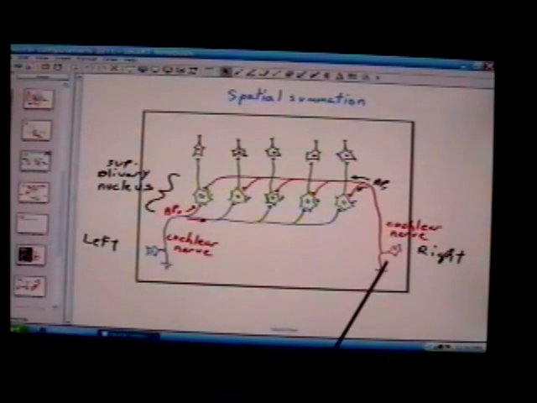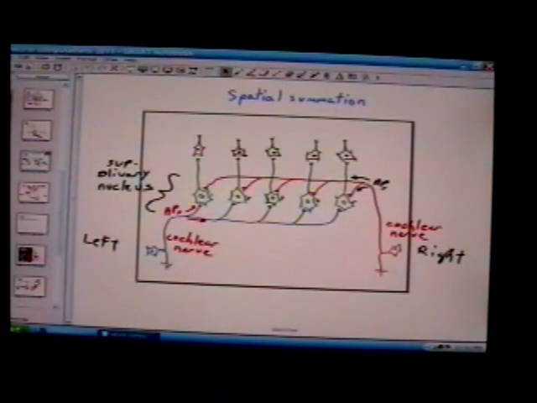But notice the right nerve, the red one here, has a long axon to send information to cell 1, whereas the cochlear nerve on the left, the blue one, has a short axon. So now we can begin to see how activity of these neurons, the green ones here, might be registering the delay between the sound arriving at the left and right ear.